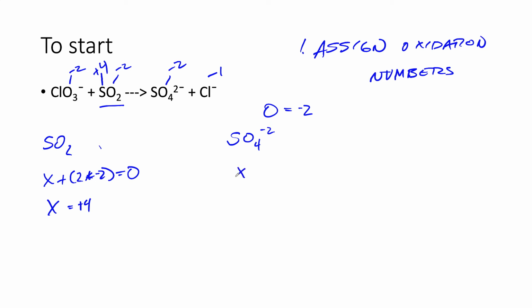X, we know there's just 1 sulfur, plus we have 4 oxygens, all of those at -2, and that's equal to -2. Let's finish up the algebra. 4 times -2 is -8, that's equal to -2. Add 8 to both sides. X is equal to 6. And so this is now a +6.